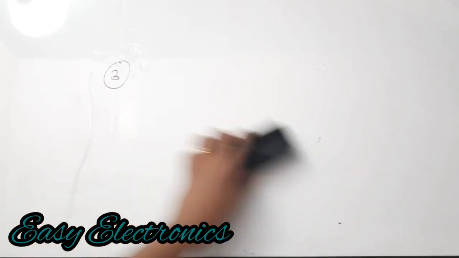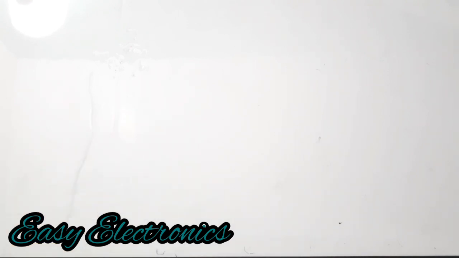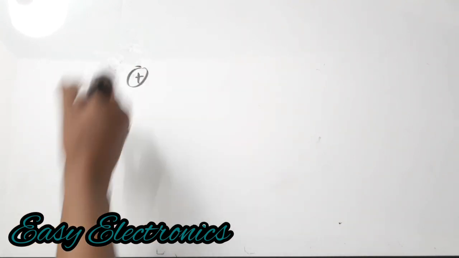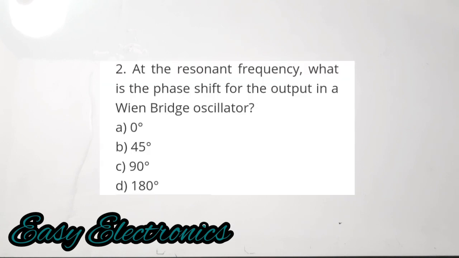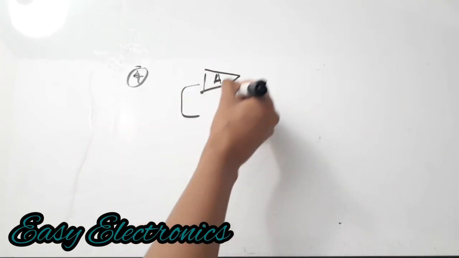Moving on to the fourth question, you can see the question on board. The question is from Wien bridge oscillators. At resonant frequency, what is the phase shift for the output in a Wien bridge oscillator? We know that oscillators generally consist of an amplifier section and also a feedback.